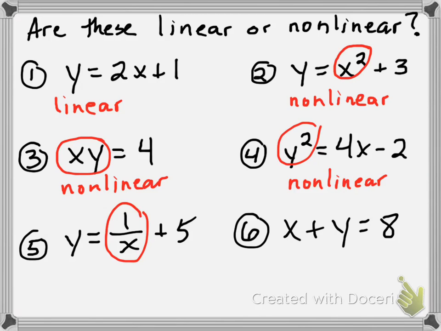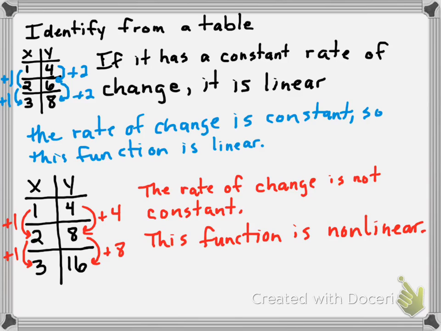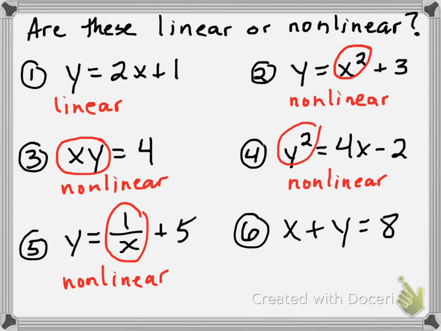So that makes this nonlinear. Alright, so the 1 over x made this one nonlinear. Okay, and also, if this had been a y down here, 1 over y, it would also be nonlinear.